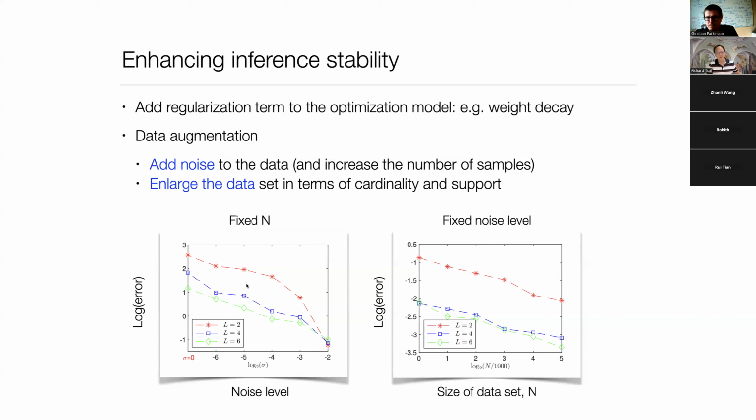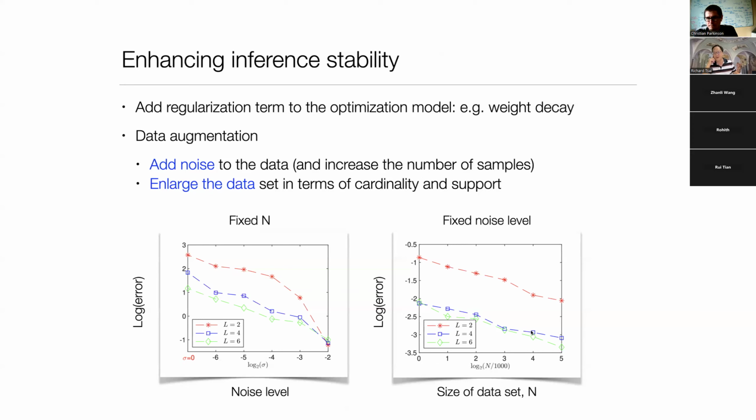But you also see that there seems to be a separation between the red line and the blue and the green line. What does the red line correspond to? It corresponds to a network with a single hidden layer, and the other two are so-called deep neural networks. Now let's switch the situation: fix sigma, the noise level, and try to enlarge the data set. Here you also see that the error decreases. Remember our very quick estimate from our study of linear regression: there's this 1 over sigma times square root of n.